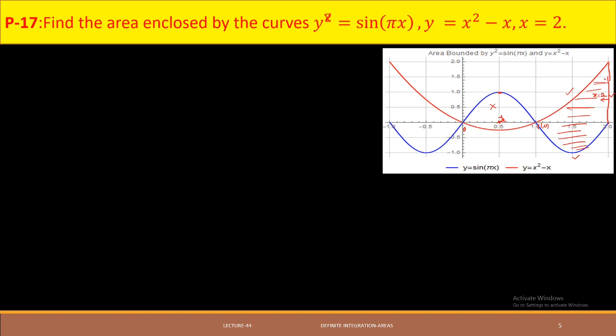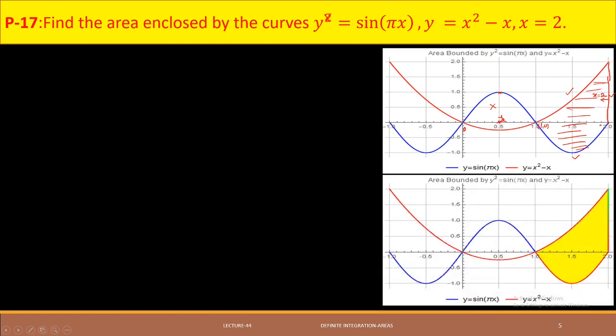Afterwards these two curves will not intersect. Now let me show you the required region in the shaded portion. The required region is shaded in yellow color. So let us find out the area of the shaded region.